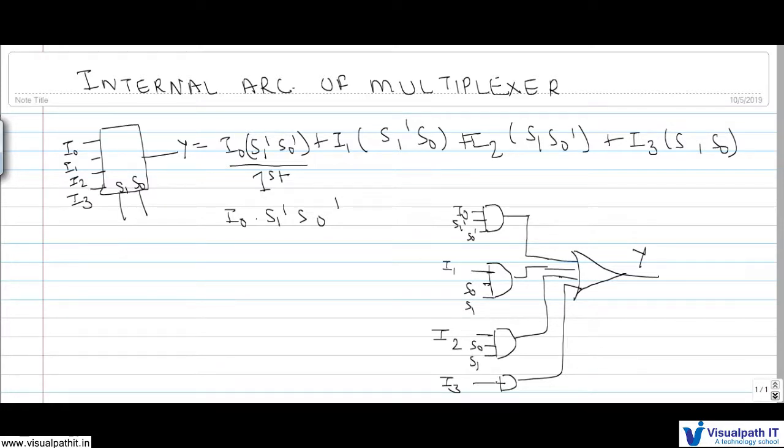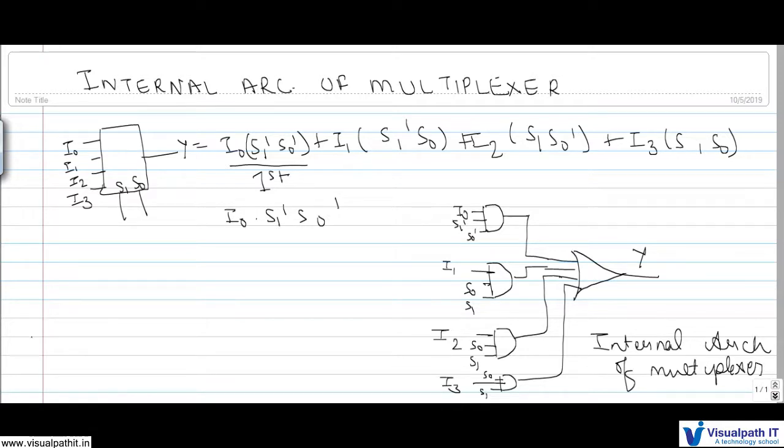So these will be the selection lines, and this is the internal architecture of the multiplexer.